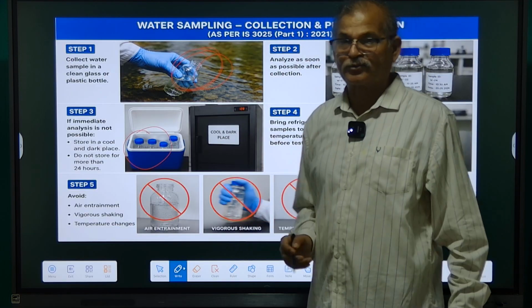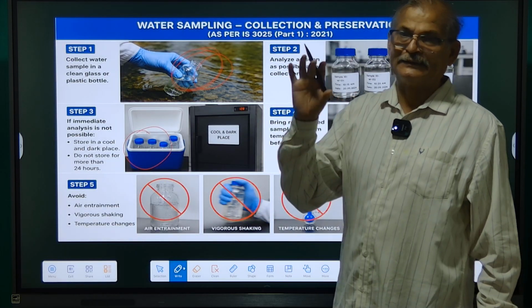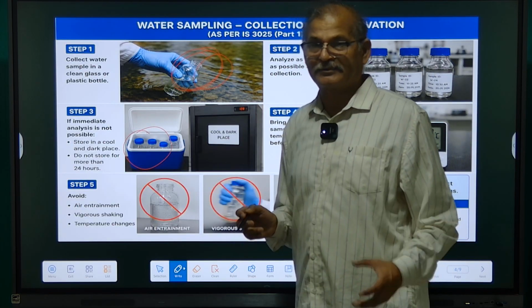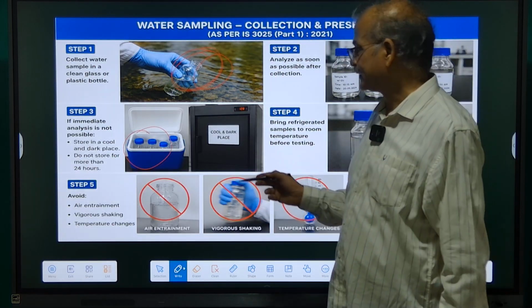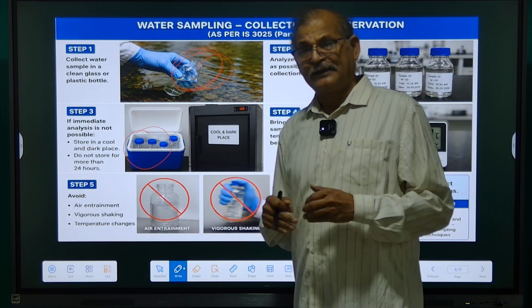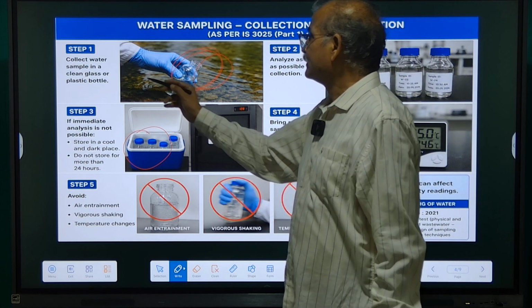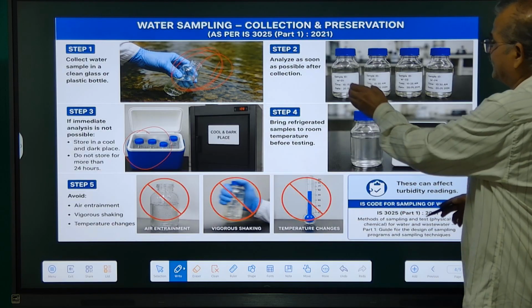Then within 24 hours, we should find out the turbidity of that water. If not possible, then we store it in a cool and dark place at 25 degrees plus minus 3 degrees centigrade, and anyhow we should measure it within 24 hours. So the first step is to collect the water, and the second step is to label it properly.